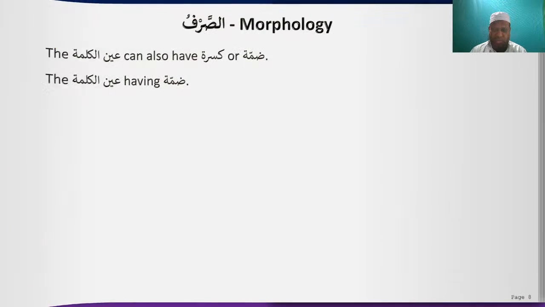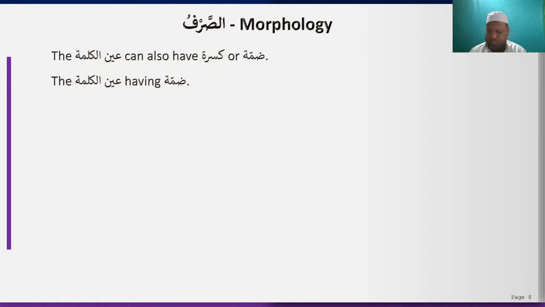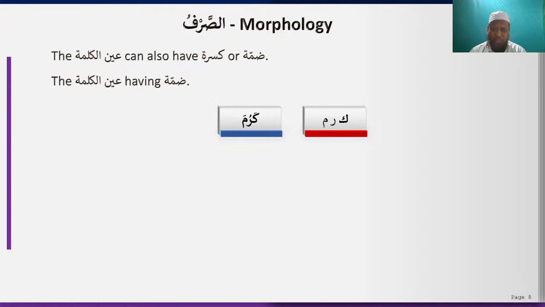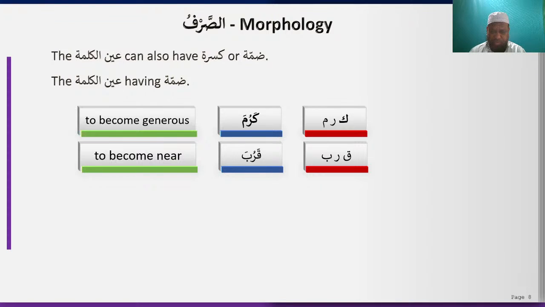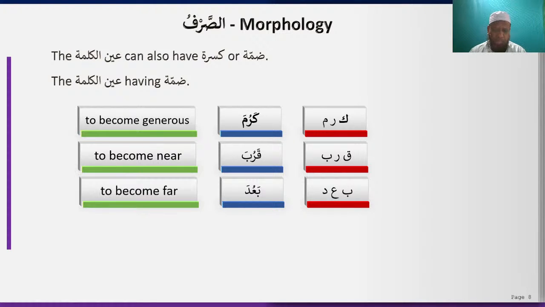And with the aynul kalima dhamma, we still have the same kaf ra mim, karuma, to become generous. Qaf ra ba, qaruba, to become near. Ba ain dal, ba'uda, to become far.